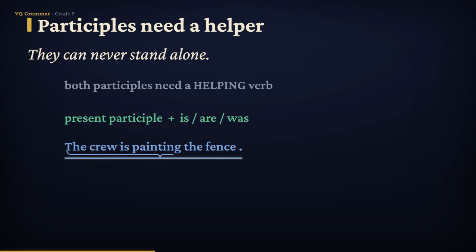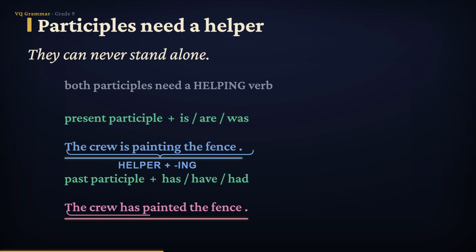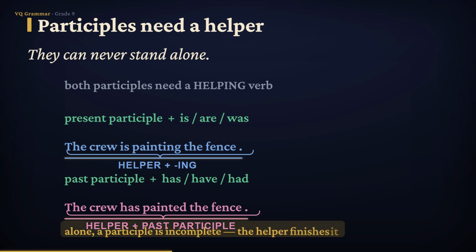The crew is painting the fence. And the past participle teams up with a form of have, has, have, had. The crew has painted the fence. Say either participle by itself, painting, painted, and the thought feels unfinished. The helping verb is what completes it.